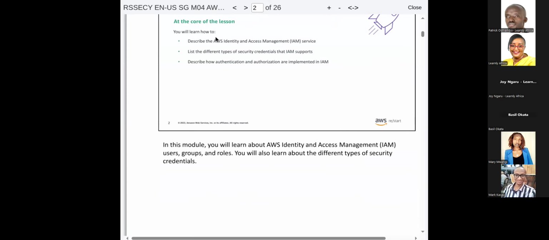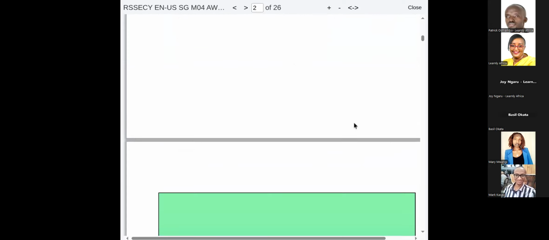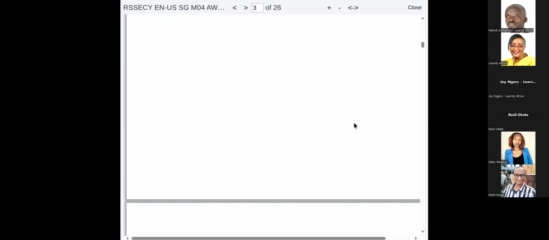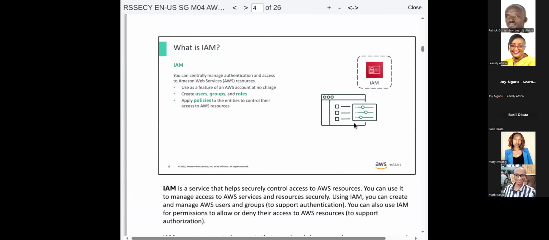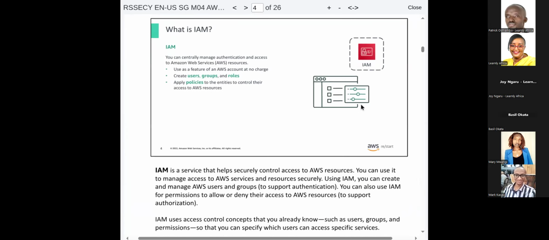This is what is expected of you: to describe the IAM service, list the different types of security credentials that IAM supports, and describe how authentication and authorization is implemented in IAM. Anyway, weekend is over. All right, so what is IAM in AWS and how can we use it?